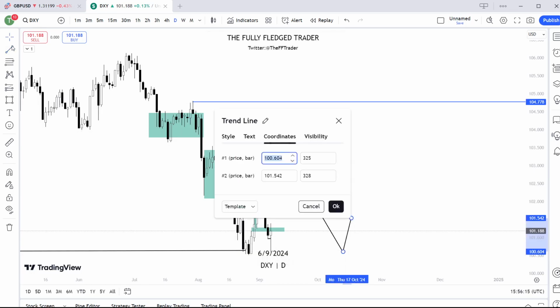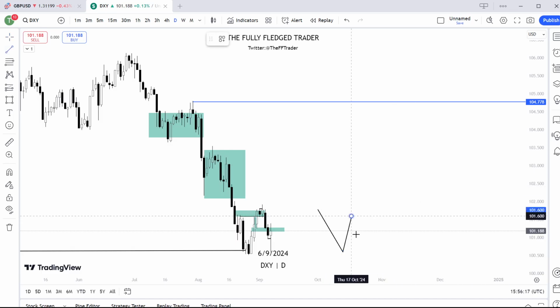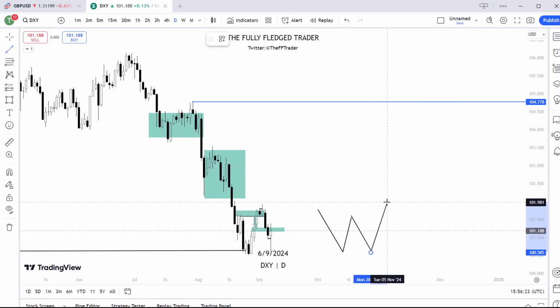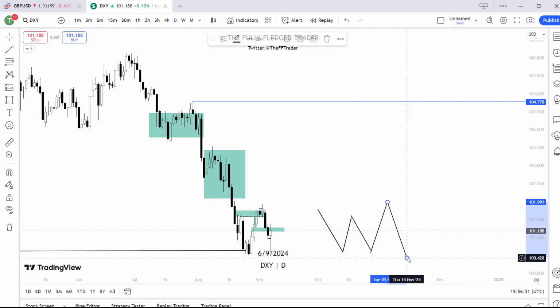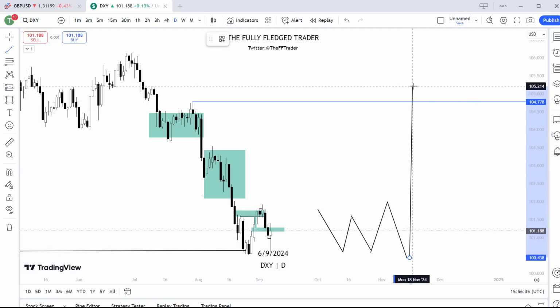That is, this is the base case scenario if price was to trade like this.